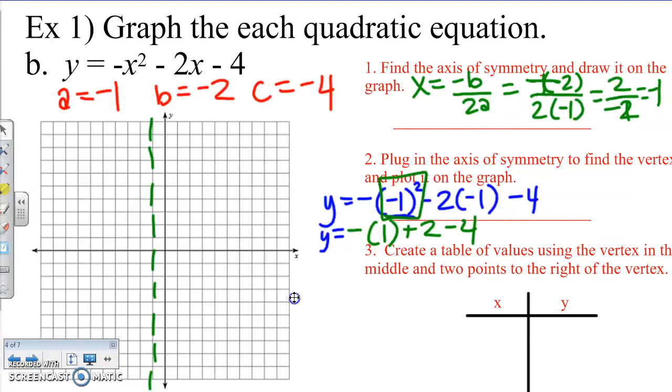And then this negative on the outside, I'm just going to make that a -1. So even though there was a negative on the inside here, because there's still a negative on the outside, it ends up being negative. -1 plus 2 minus 4, that gives me -3. So I'm going to plot my vertex at -1, -3.